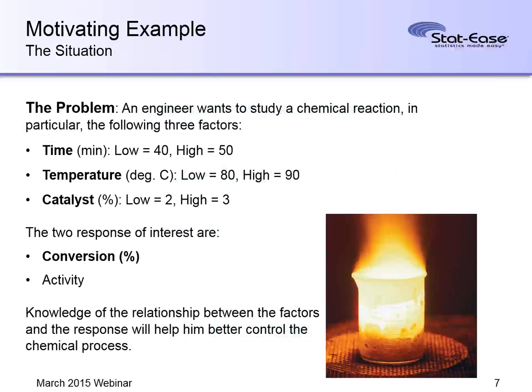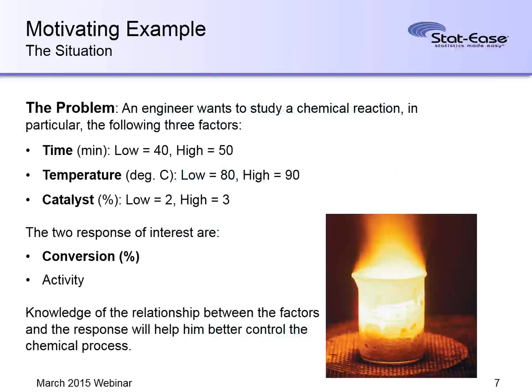Finally, he can also vary the catalyst, with the range from 2% to 3%. The engineer measures 2 responses during the experiment, one of which is conversion or yield in this case, and the other is activity. I have conversion highlighted in bold because that's really the response that we're going to work with.